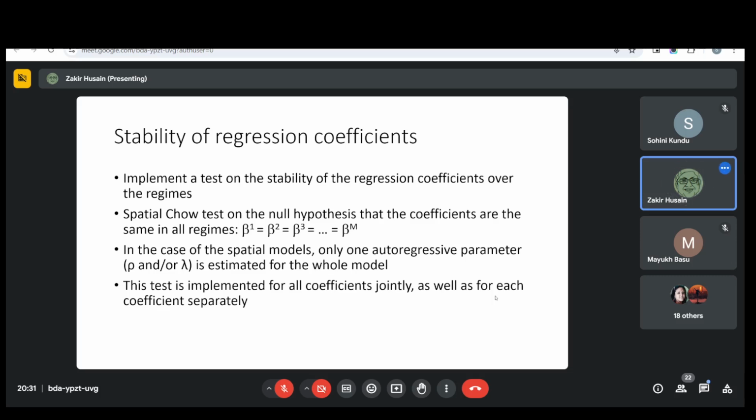Similarly, mu, the autoregressive error term, also is constant if we estimate a spatial regime model. So if we have spatial heterogeneity, spatial dependence is assumed to be the same for the entire region. Spatial heterogeneity is manifested only in the relation between y and x. Is this part clear? Or will I repeat it?